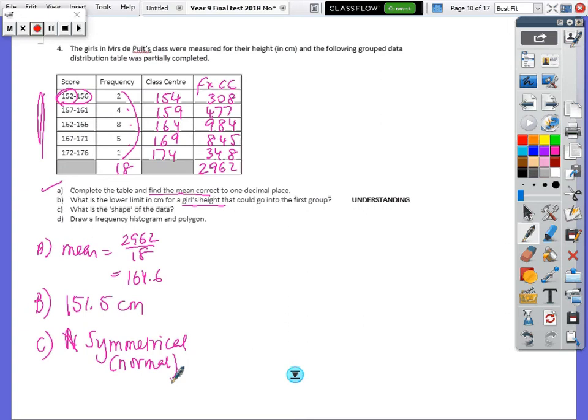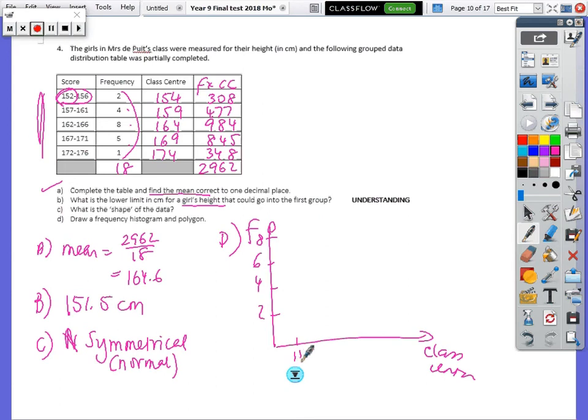And the last part, which was the frequency histogram. So I won't go into all of it, but you had to have a frequency and your class centre. And so we've got 2, 4, 6, 8, and 154, 159, 164, 169, 174. So I'm just doing it roughly.